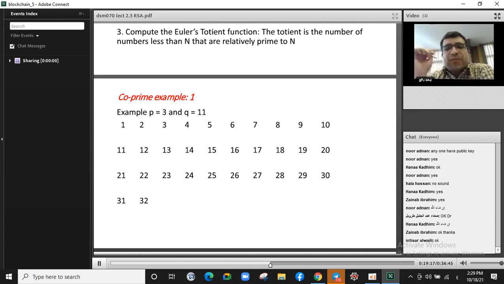Which of these numbers are prime or not prime in relation to n? In fact, I want to find the coprimes of 33. It's obvious that 3 is not coprime of 33 because 33 is the product of 3 and 11.